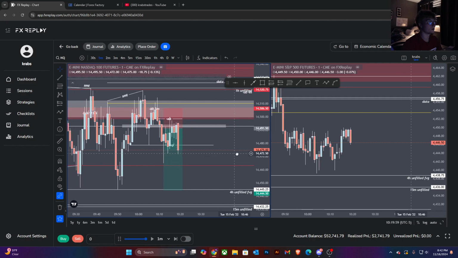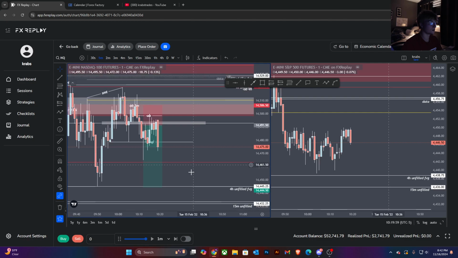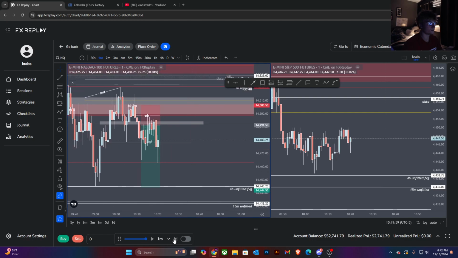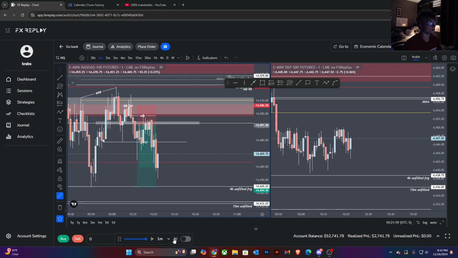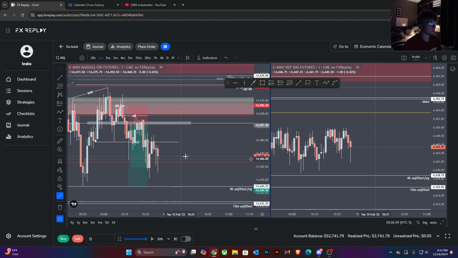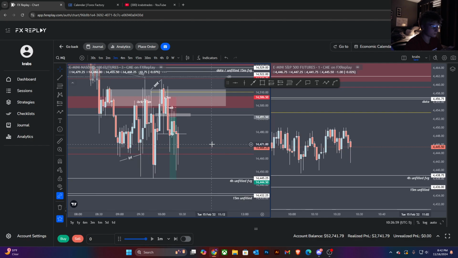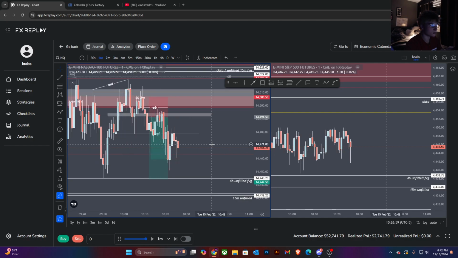Still would have worked, but no longer really valid. Very volatile, but at least the idea here was good. We'll see here if this idea was good or not.